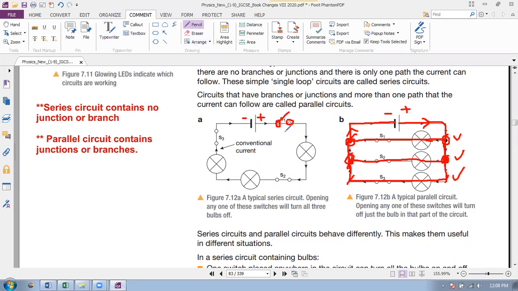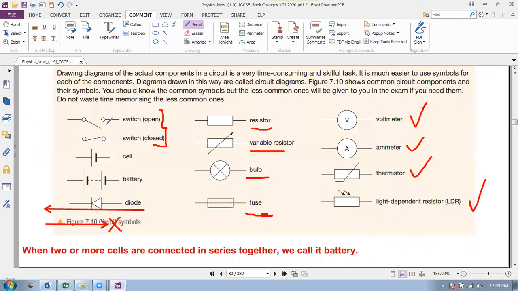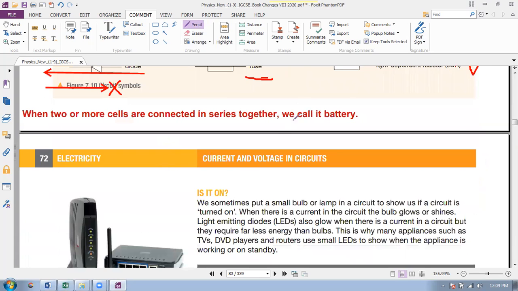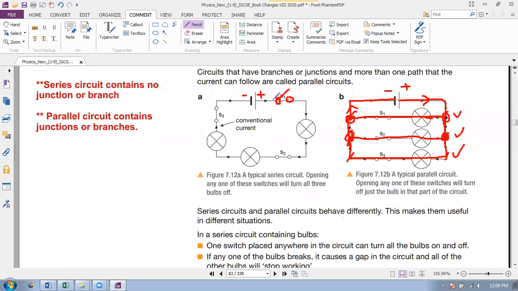This is an open switch. So if the switch is open, then current cannot go through. Current is stopped here, it comes from here and up to here. It cannot pass through because there is no connection here. But our switch is closed.